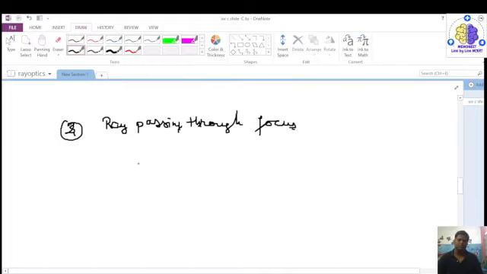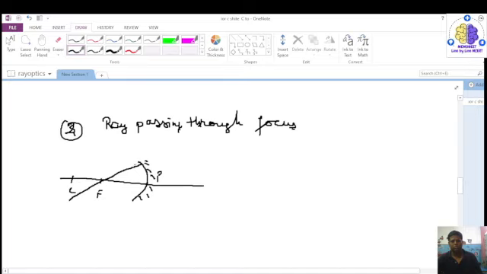So let this be the concave mirror, principal axis, let this be the pole. Here it would be the center of curvature. Here it be the focus. So if a light ray is passing through the focus and it is getting incident, then after reflection it will travel parallel to the principal axis, right? It will travel parallel to the principal axis.